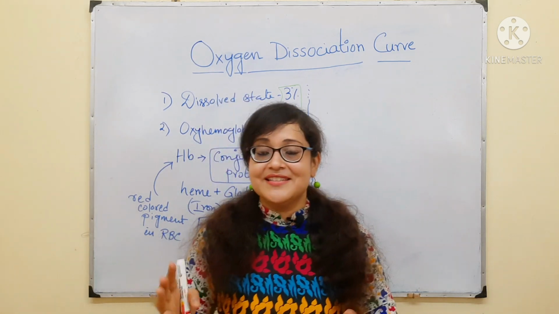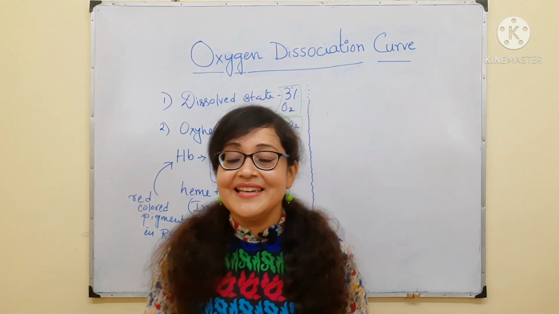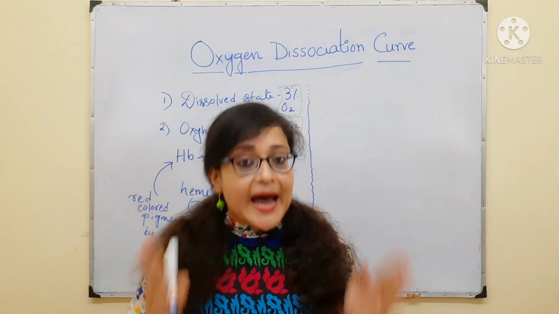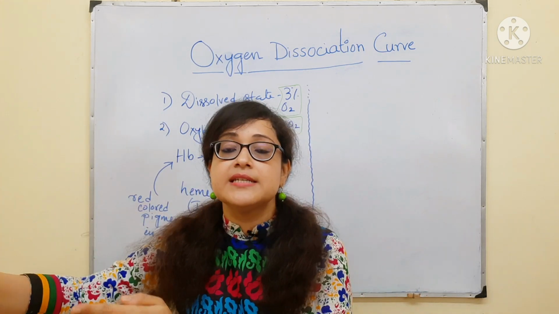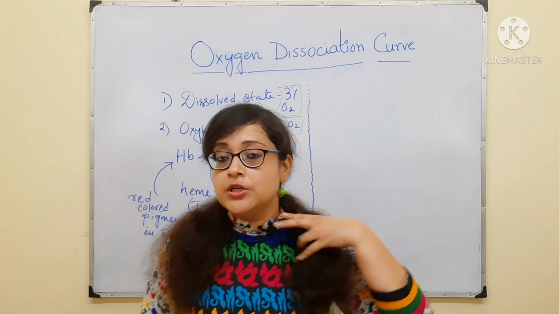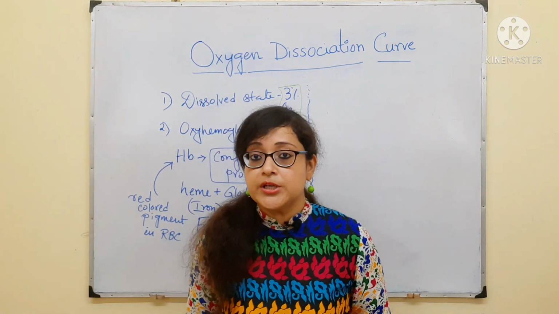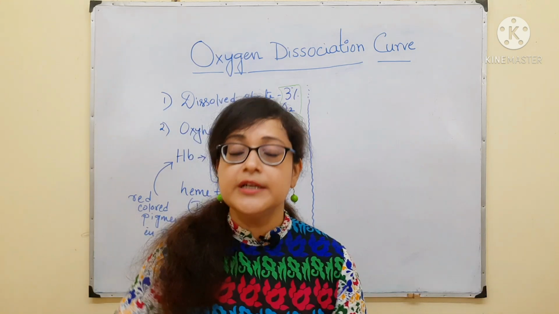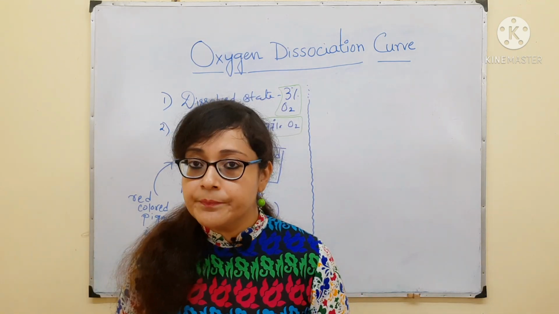Just to carry out the cellular respiration process, oxygen has to finally reach the body cells. So hemoglobin is the key component here, carrying oxygen through the blood to its destination.